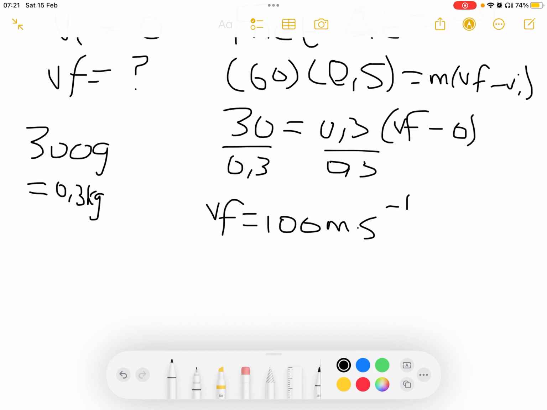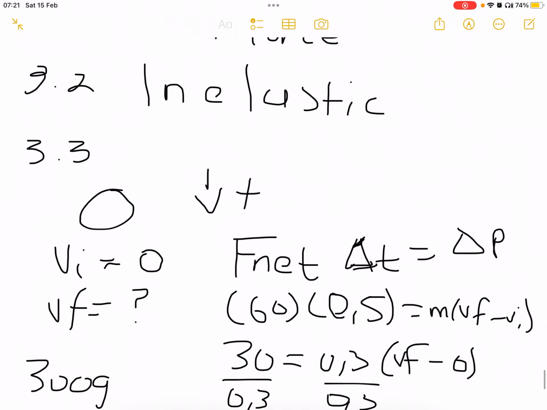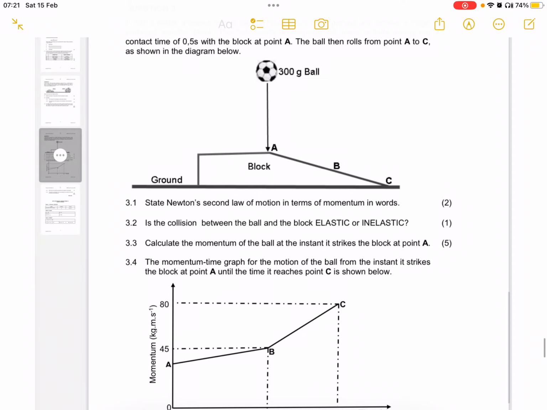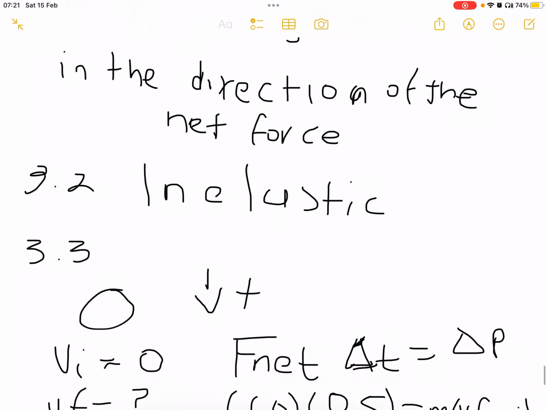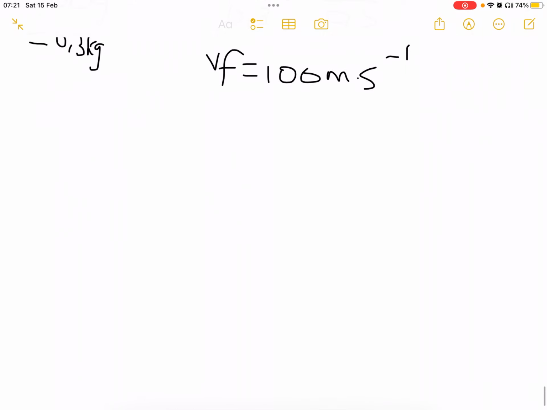Where is it going? It was going down, the one that it hits the block with. Okay, now the question did not ask us to calculate velocity. It said calculate momentum of the ball at the instant it strikes the block.